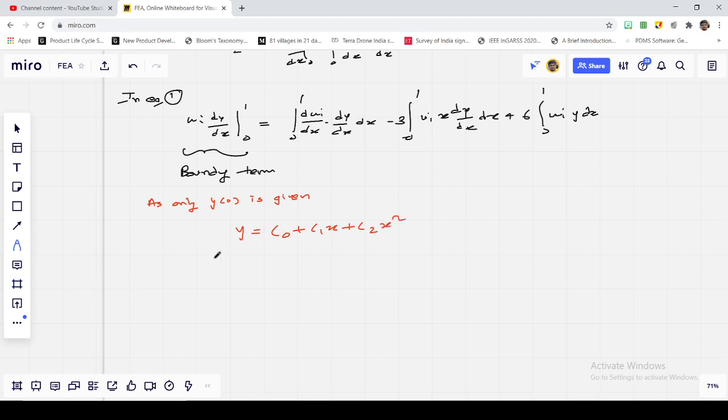And then we will try to substitute the boundary condition, that is y at 0 is equal to 1, which is given, so that's why you get c0 is equal to 1. The y value which you get is 1 plus c1x. I will rewrite it again.